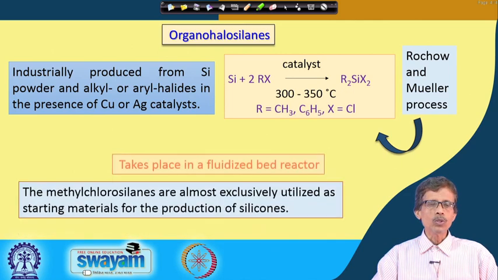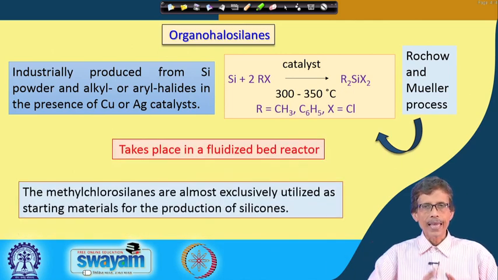This particular reaction is again a well-known one; earlier we came to know that the reactor is known as a fluidized bed reactor, where the passage of fluid is also available. It can be utilized for the production of this type of organohalosilanes.